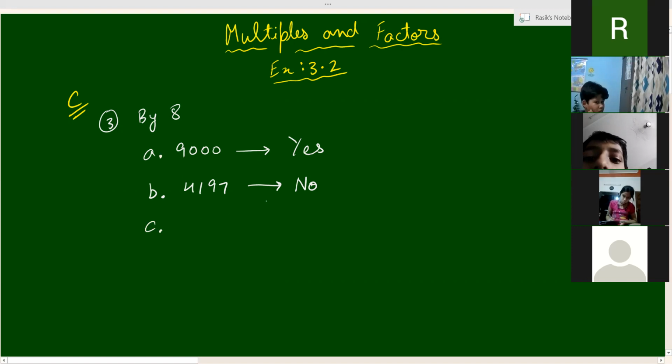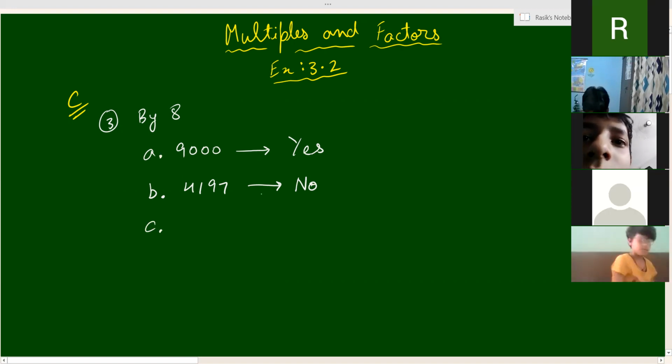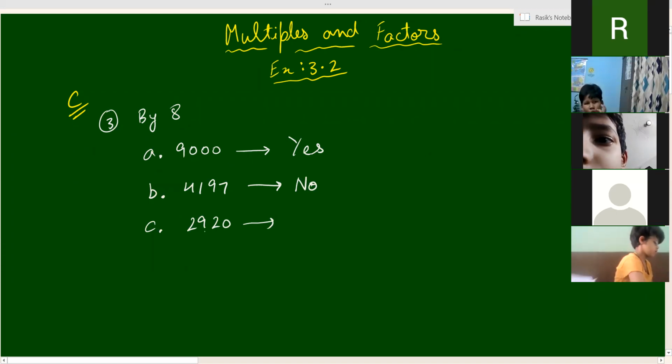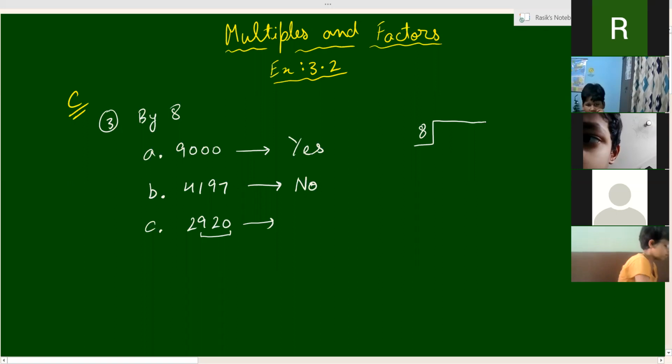C part of the question. 2,920. Yes or no? You will see the last three digits of the number. Last three digits 920. Divide 920 by 8 and check. 8 ones are 8.